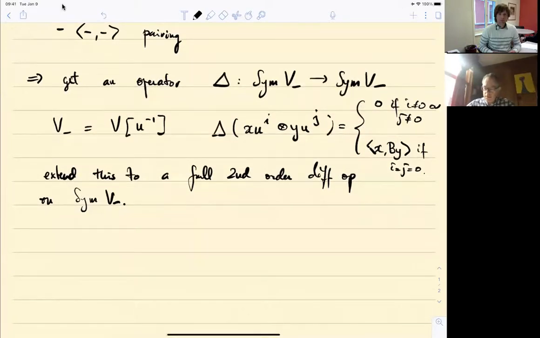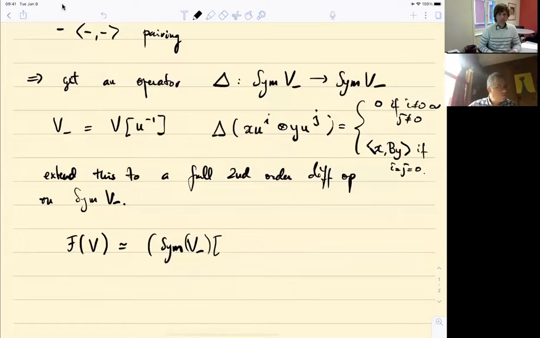And then the origin again was the fact that this Fock space associated to this vector space V was isomorphic to Sym V minus and then adjoined formal variable h bar with differential b plus uB, which would be the natural differential on Sym V minus, but then, sorry, not just b plus uB, you also add one more term, this h bar delta.